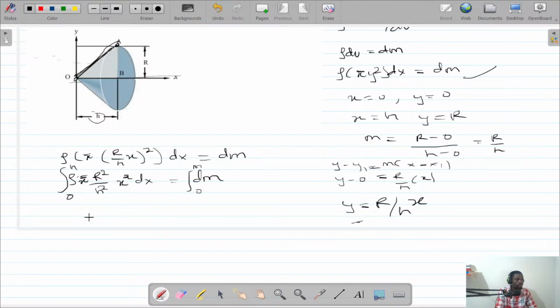Rho is constant, pi is constant, r is constant, h is constant. So we have rho pi r squared all on h squared, integral of x squared dx, which is equal to m. If we integrate x squared, we get rho pi r squared on h squared times x cubed on 3 is equal to m.